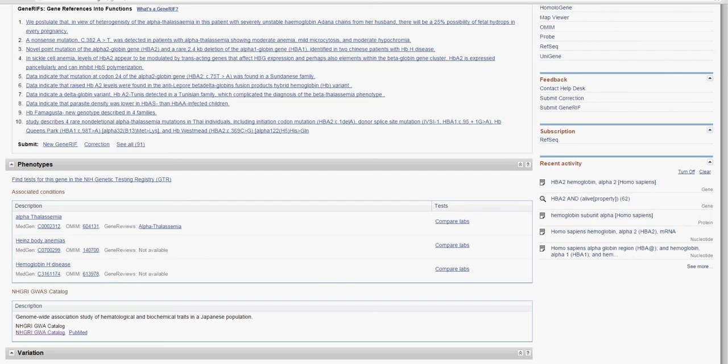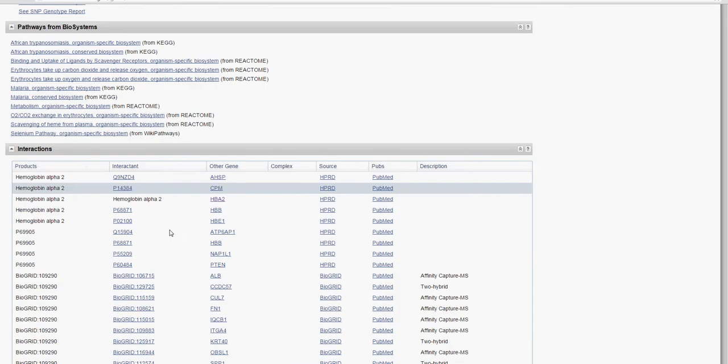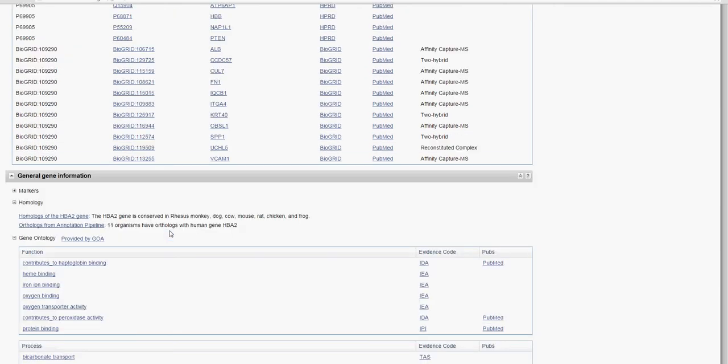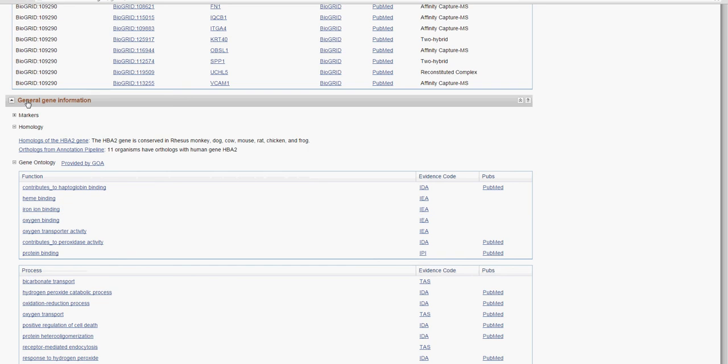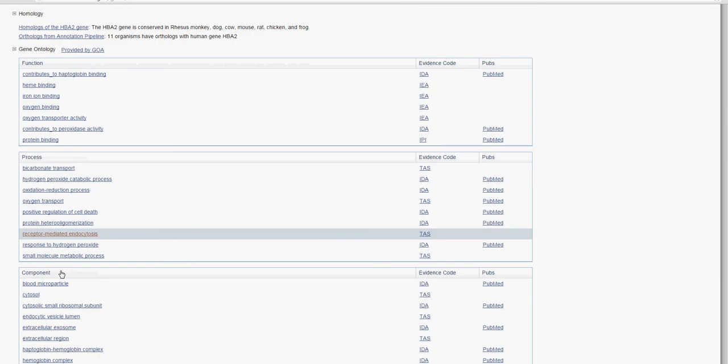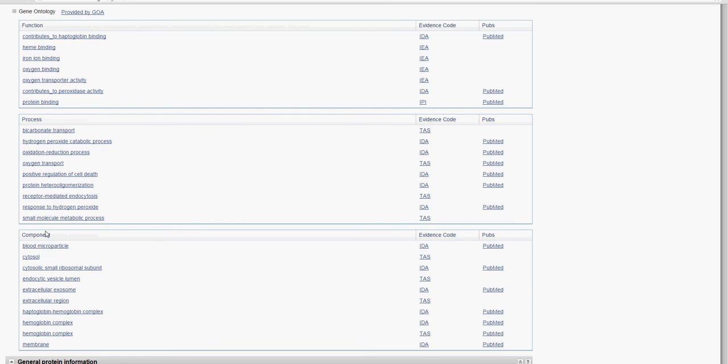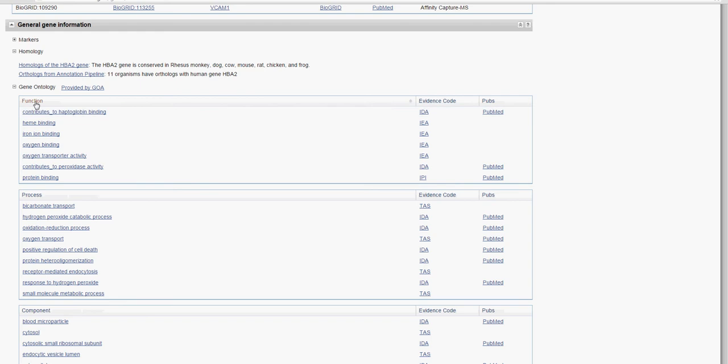Now, to answer the function of this gene, you have to go down to gene ontology. So, general gene information. Gene ontology tells us the function that this gene has, the biological process this gene product is involved in, and whereabouts in the cell we can find this gene product.